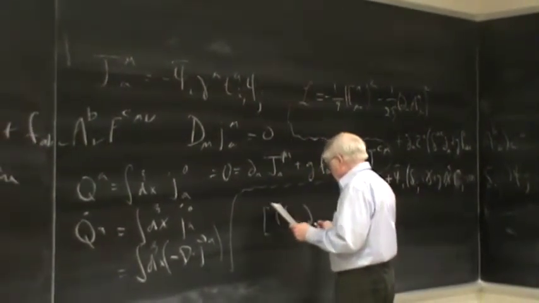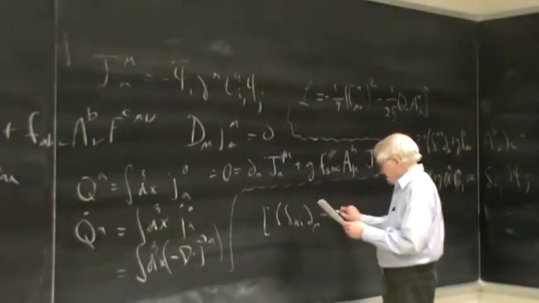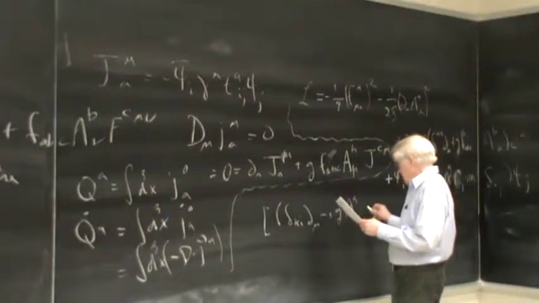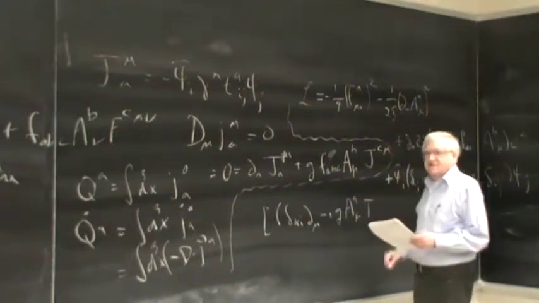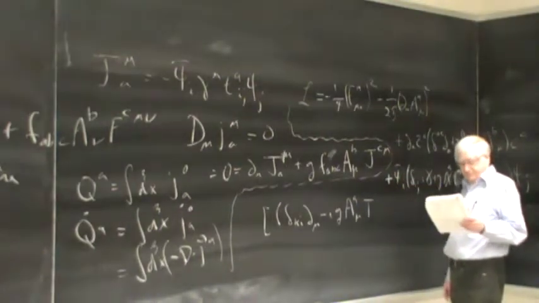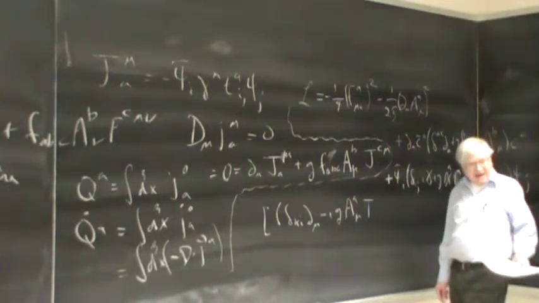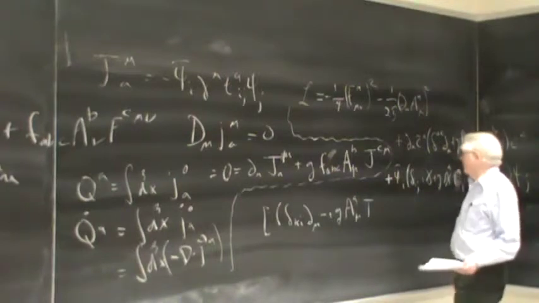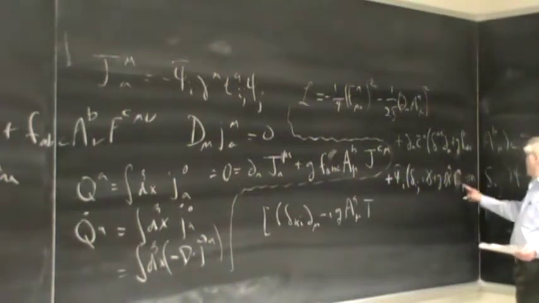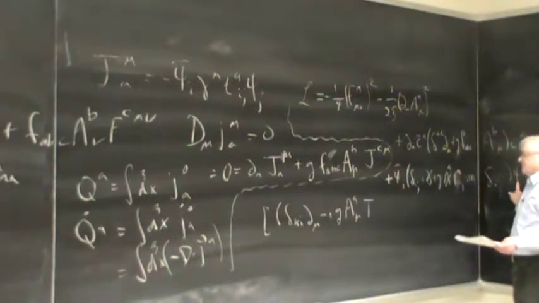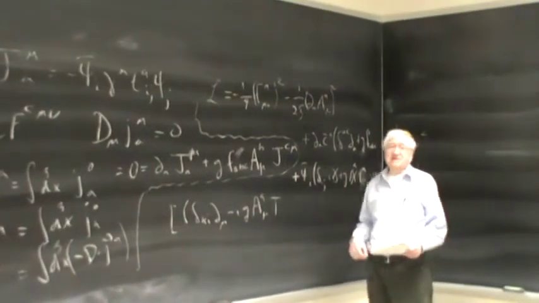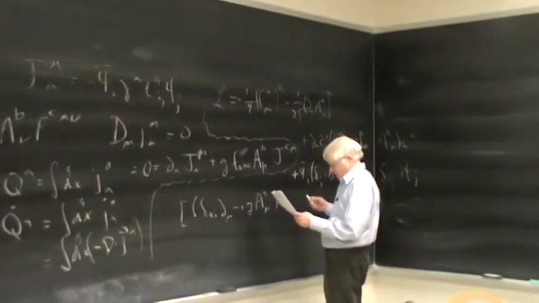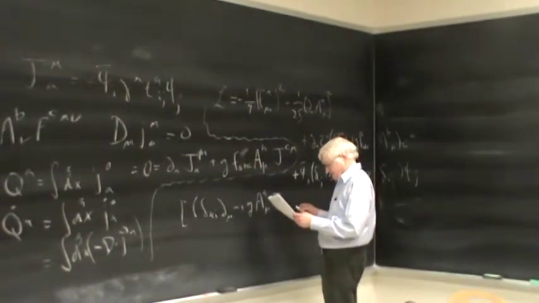Delta ki d mu minus I g A mu. And I'm going to write capital T because the scalar fields could be in a different representation. So I have little t a for the representation of the Fermi fields, and they're typically in the defining representation. The scalar fields typically are also, but not necessarily.